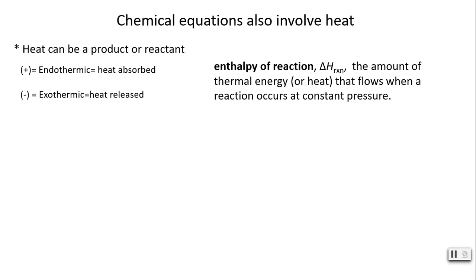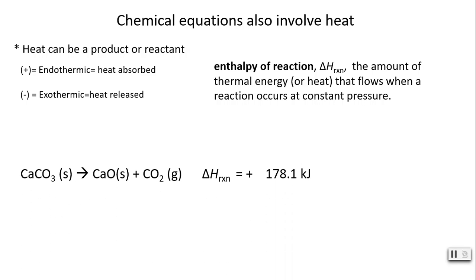That just means this quantity is a measurement of how much heat is either absorbed or released at a particular pressure for a particular reaction. So, for example, in this reaction I have listed down here, I have calcium carbonate solid as a reactant. The two products are calcium oxide solid and carbon dioxide gas.